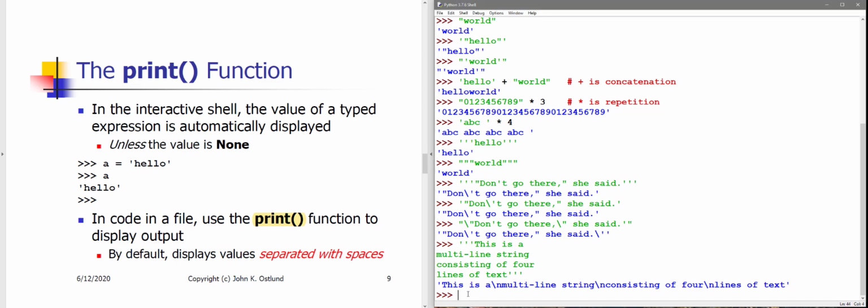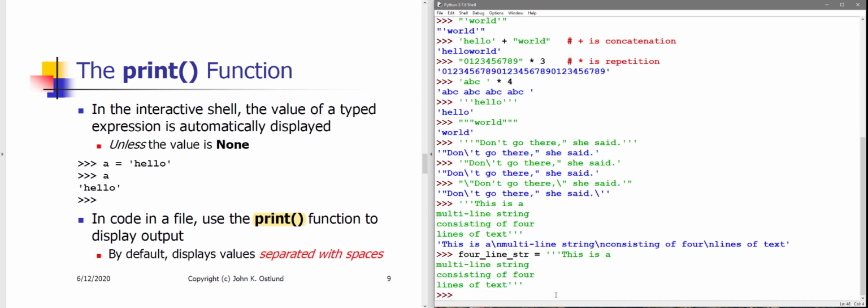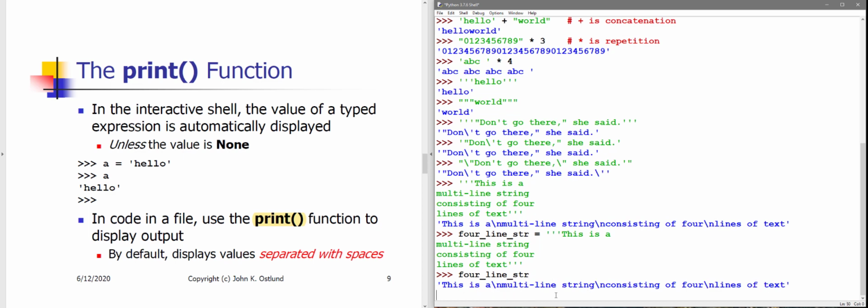So if I say 4-line stir gets, and then I'm going to copy and paste this 4-line long string. Now, 4-line stir is a variable referring to that multi-line string. There is the internal representation of the string as I could have typed it if I had chosen to use individual single quotes rather than 3 single quotes on each end.